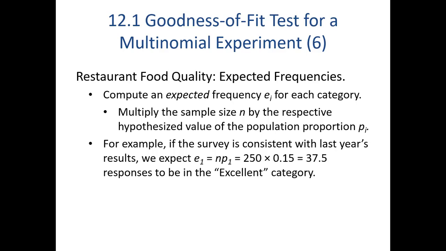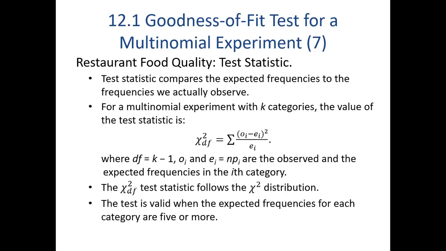This is the expected value based on the null hypothesis. The test statistic compares the expected frequencies to the frequencies we actually observed. Okay, so we are comparing the expected frequency with the actual observed.